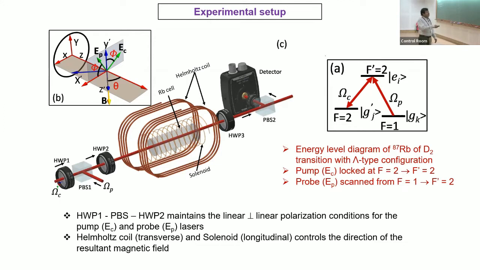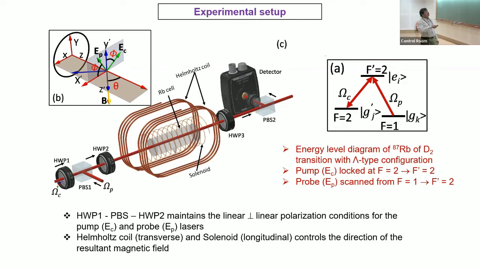That means the pump has a linear polarization, the probe has a linear polarization, but they are perpendicular to each other. This wave plate changes both, keeping them perpendicular. And now this is the case of the polarization axis.